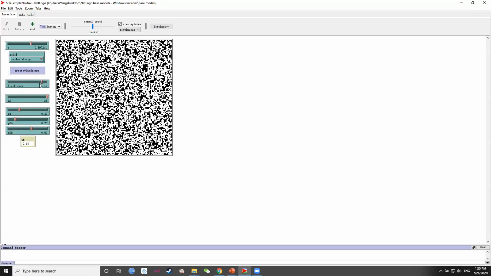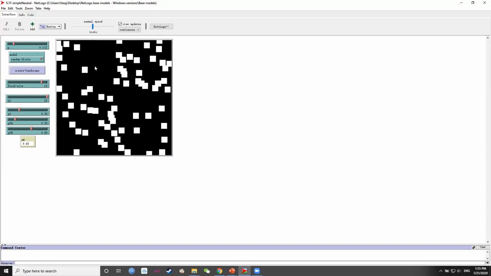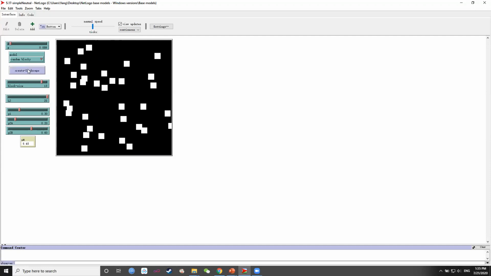Small blocks, large blocks, right? If you decrease the p-value, you see fewer blocks, because blocks are formed by occupied cells. They are white cells. If the proportion of white cells is decreasing, you should expect fewer blocks, right?